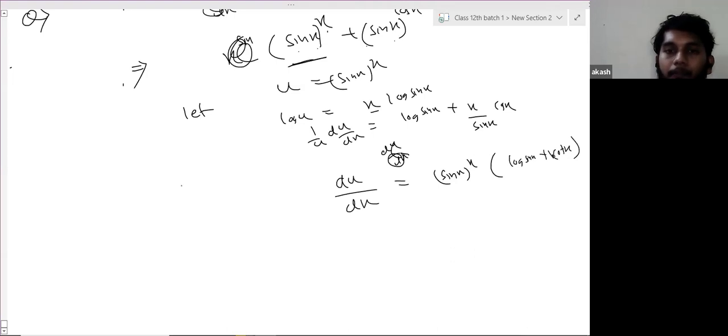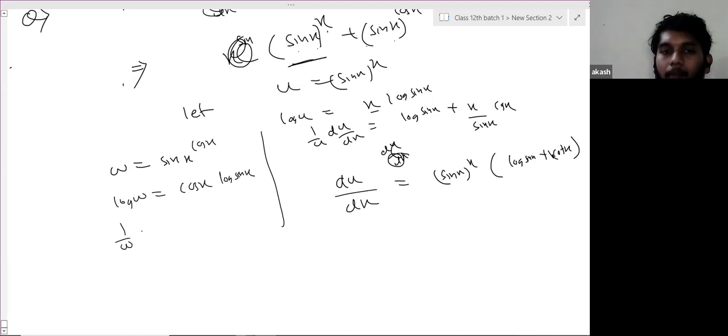Now we can take w equal to sin x to the power cos x. So log w equals cos x log sin x. So 1 upon w dw by dx will be equal to differentiation of cos x, which is minus sin x, times log of sin x, plus cos x upon sin x into cos x.